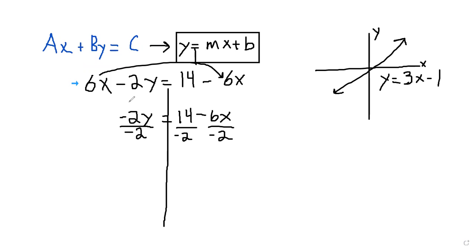Okay, so let's see what happens. -2 divided by -2, they just kind of go away. Technically, they become 1, but we don't need to worry about that. We have our equal sign. Now, what's 14 divided by -2? Well, that's -7. And what's -6 divided by -2? Well, that's a +3.